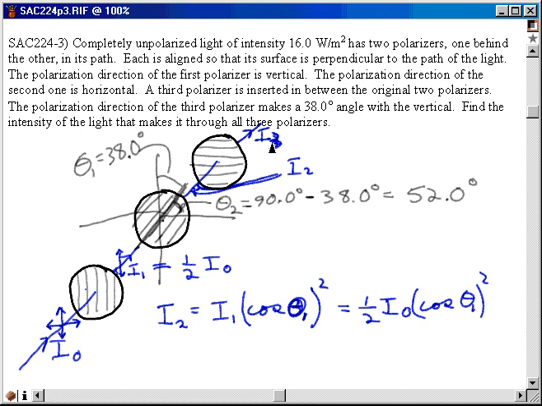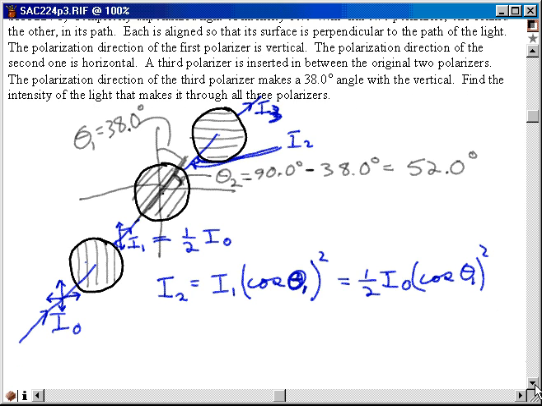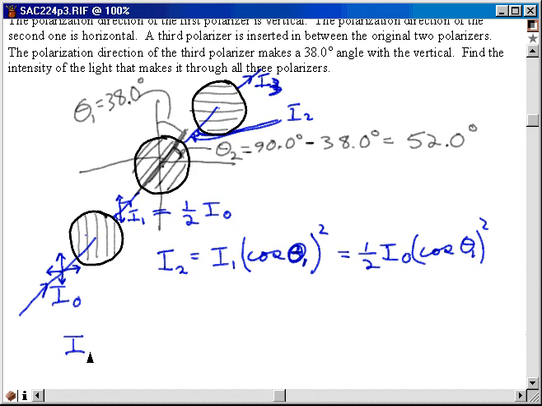Okay, let's take a look at I3. The light that gets through here is going to be polarized in this direction, 38 degrees with respect to the vertical, meaning it's polarized in a direction that makes an angle of 52 degrees with the horizontal, which is the direction of this polarization direction.